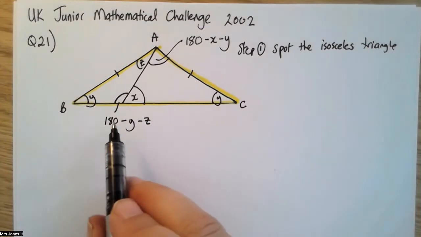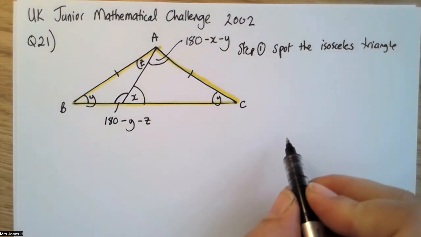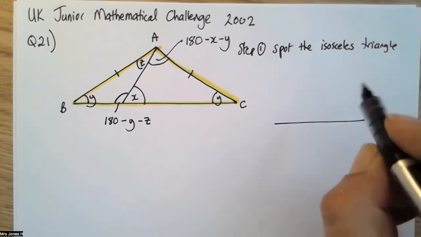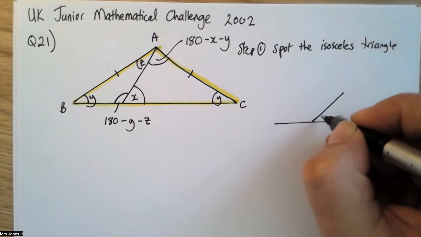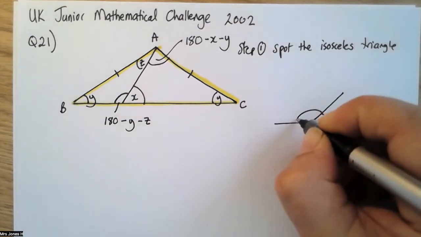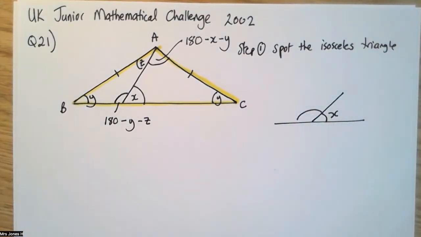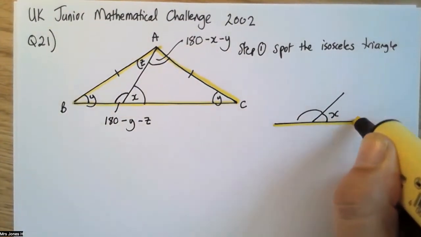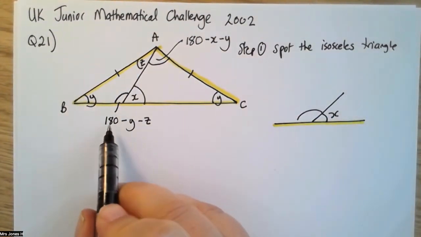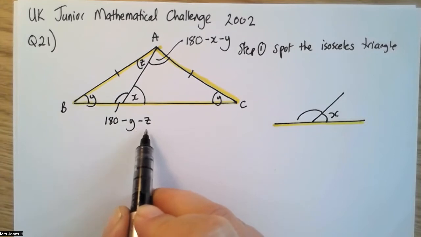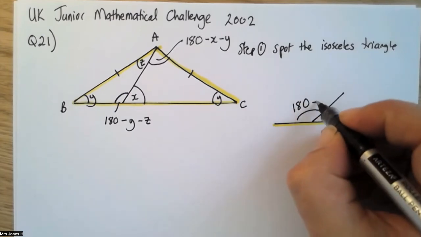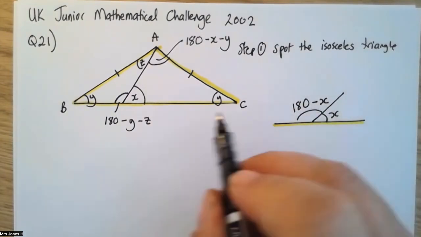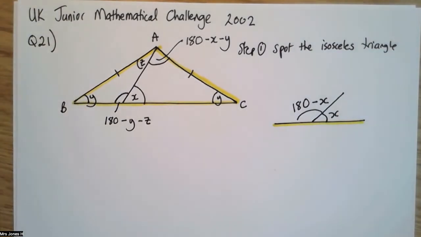I also have another way of working out what this angle is. If I think of angles along a straight line summing to 180, then I can make this one here, so we're talking about this angle in here with X, and the one that we've marked 180 subtract Y subtract Z. So this one here is actually also 180 subtract X. So we now have two different ways of describing the same angle.